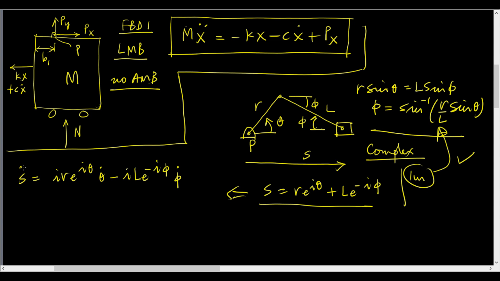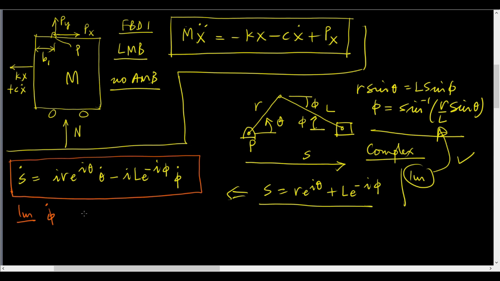Okay, this equation here, which I will put in a red box, its imaginary part will give me phi dot in terms of theta, theta dot, and its real part will give me S dot, which we won't need, but we could use it if we needed it.